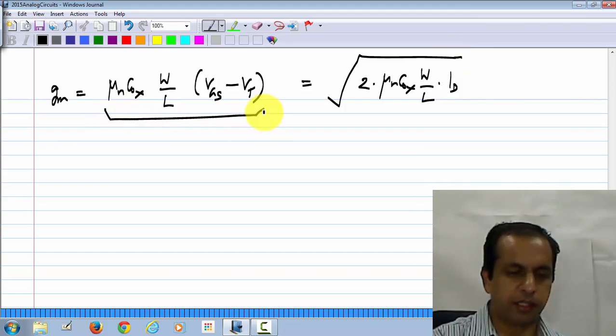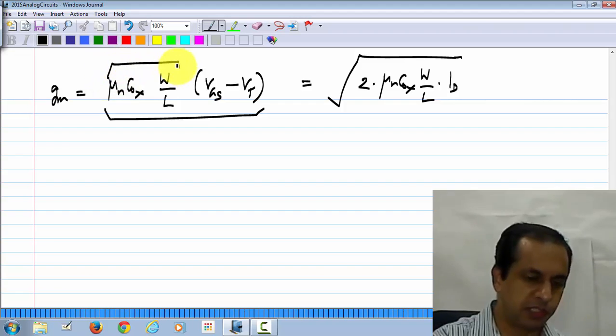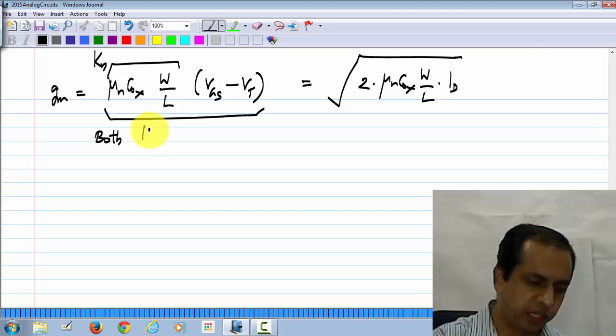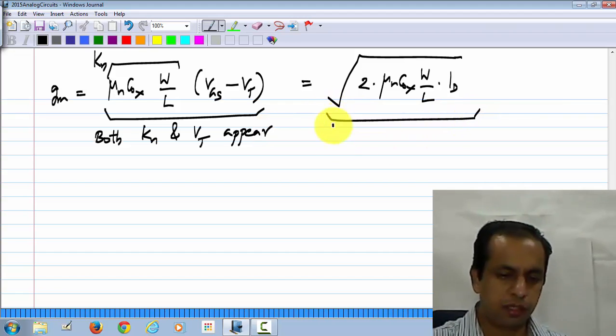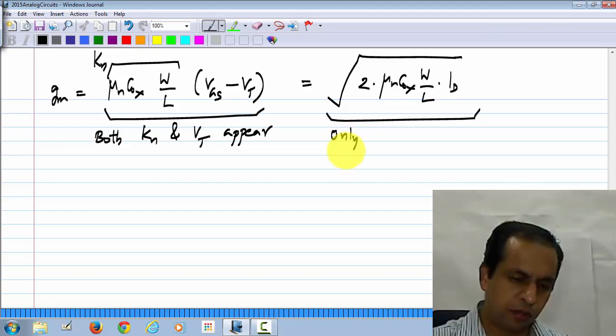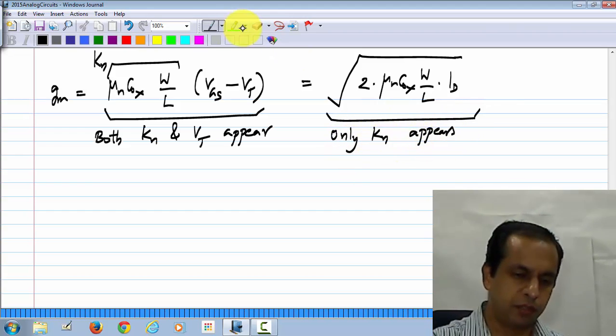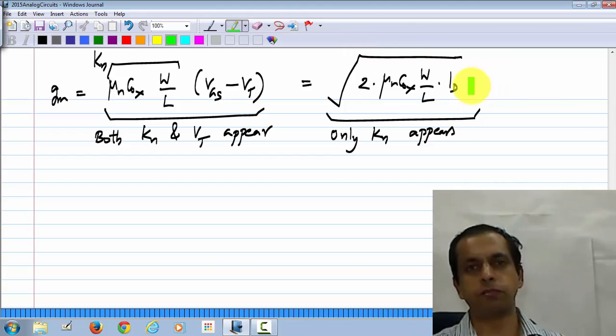If I write it like this, let me call this the current factor Kn. So in this, both Kn and Vt appear. And if you look at this one, only Kn appears. This expression is independent of the threshold voltage.